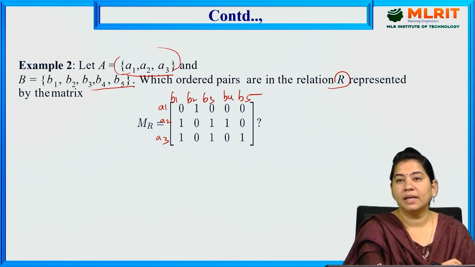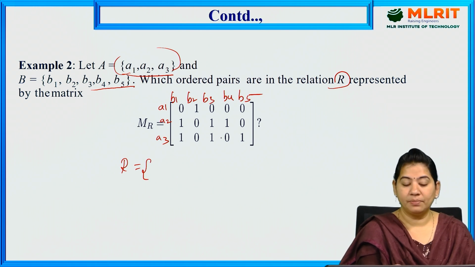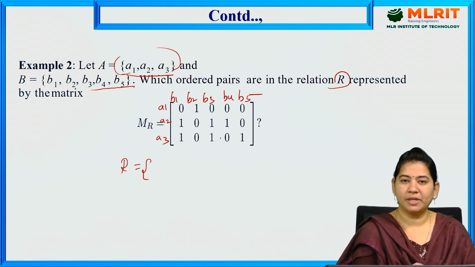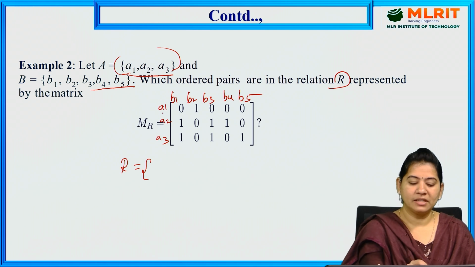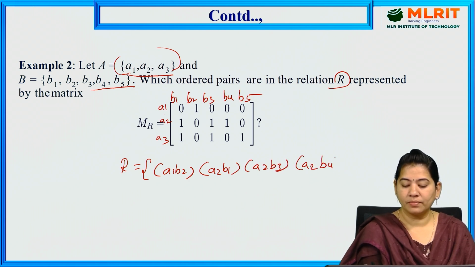So here, what is the relation you will get? R is equal to, for whichever ordered pairs you are getting one, only those ordered pairs you need to include in the relation. So that is nothing but A1, B2. In the first row, we have only one for A1, B1 and A2, B1, A2, B3, A2, B4.